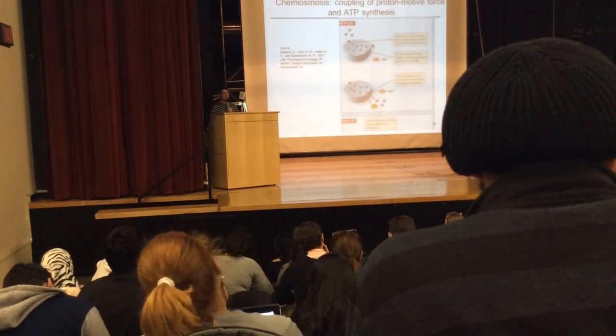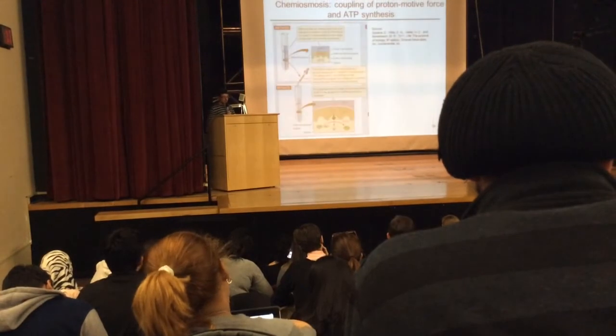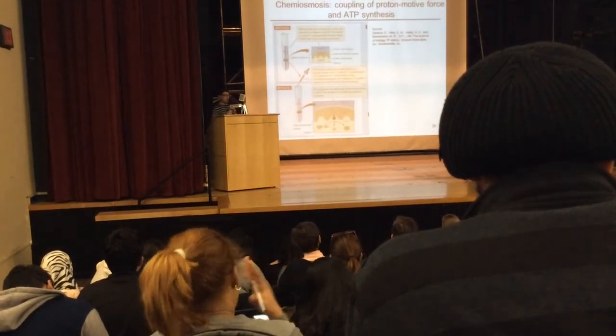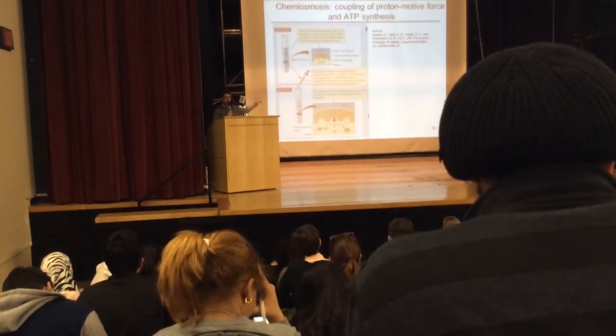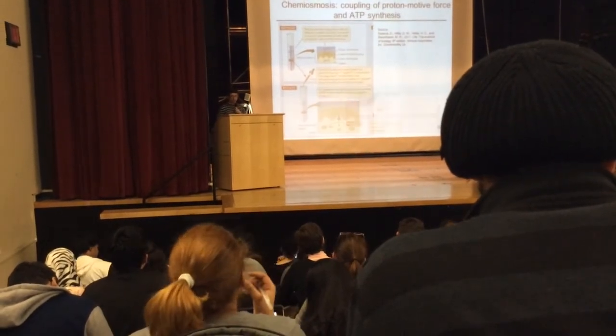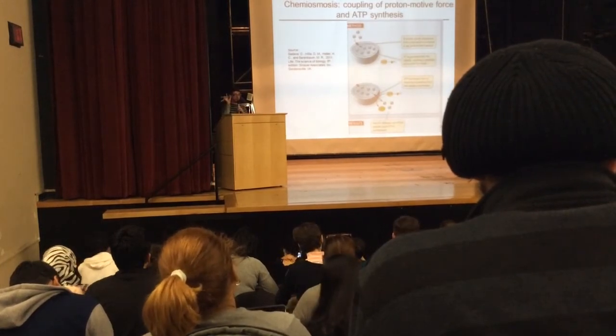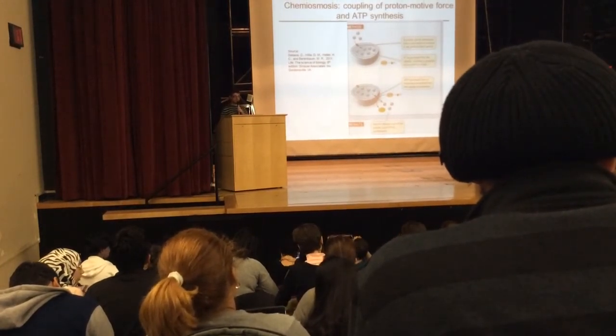So far, so good? Yes, ma'am. So the first experiment showed us that in the mitochondria, proton gradient is required for ATP synthesis. And the second experiment showed us proton gradient by itself is not enough. You need that particular protein, ATP synthase.